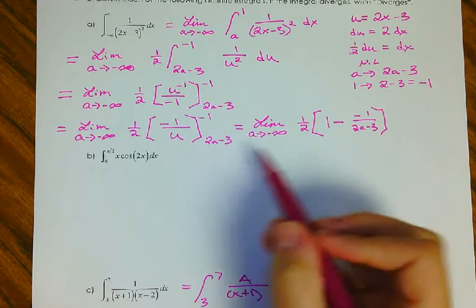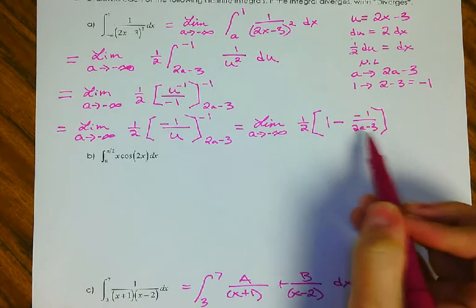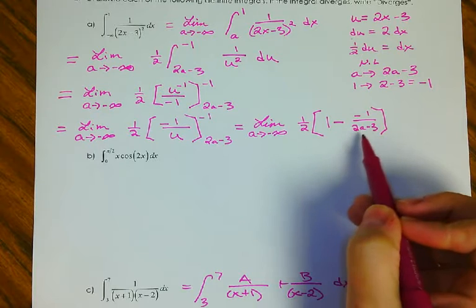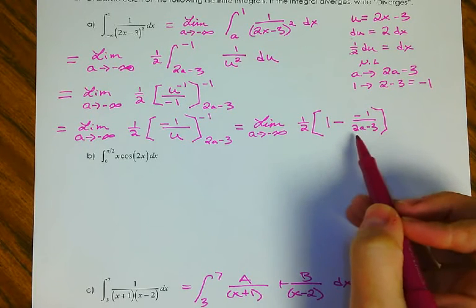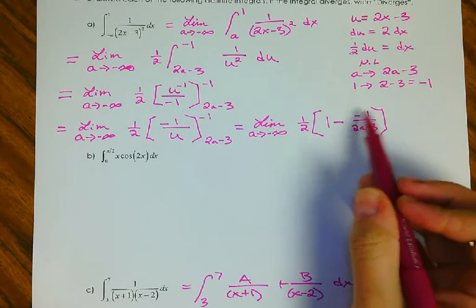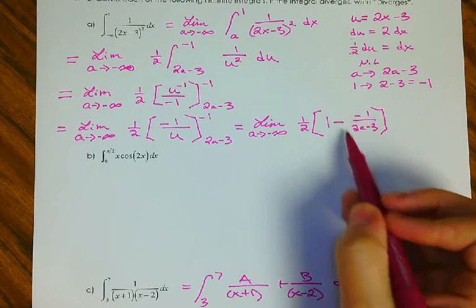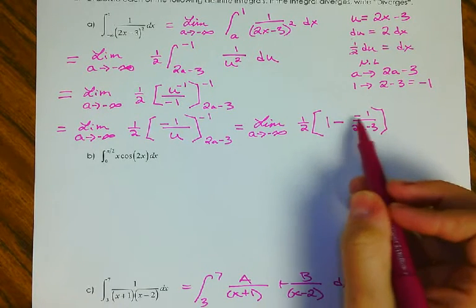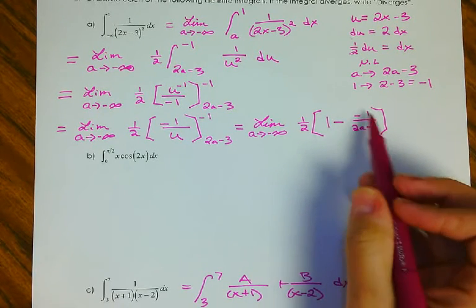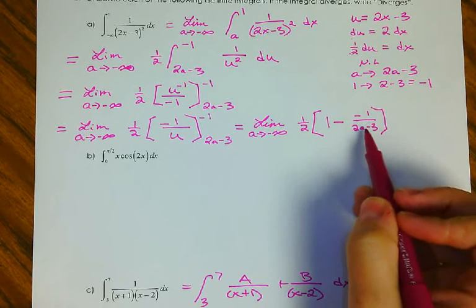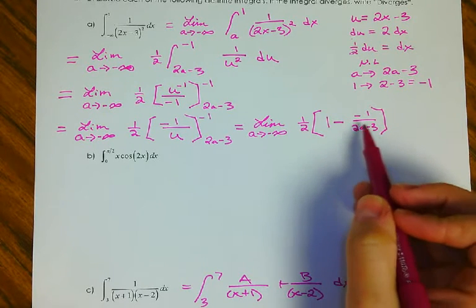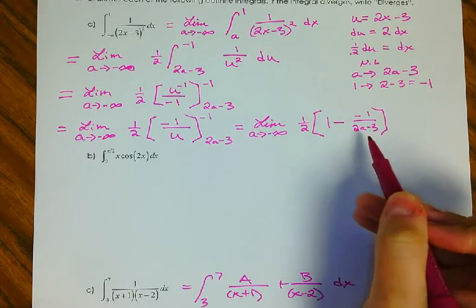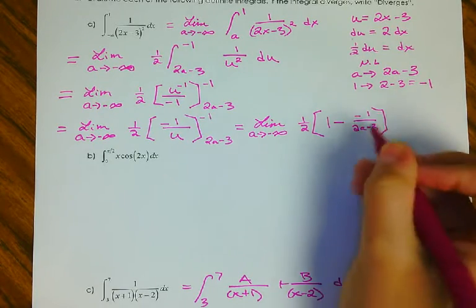If you plug in a really, really huge negative number, this denominator is going to be very, very big and negative. So essentially this piece right here approaches 0, because minus a negative is a positive. But it's going to get really huge, so it'll be 1 over some huge negative number, and that's going to go to 0.